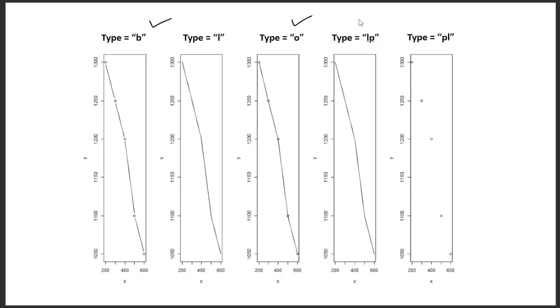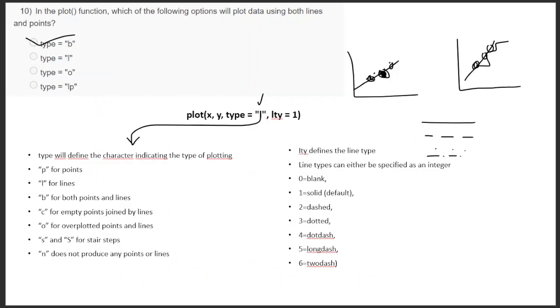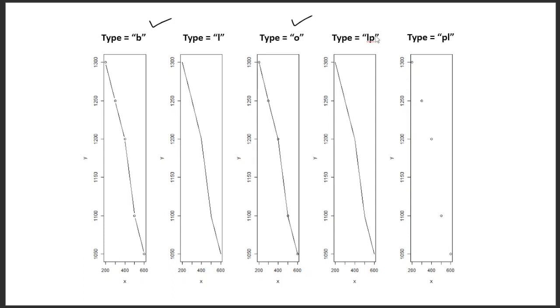If you give lp, it will truncate and take only the initial value l. It won't consider the p. l means line, p means points, so it will have only lines. And if you give pl, it will have only points. It will neglect the immediately following characters, take only the first character, and draw the plot accordingly.